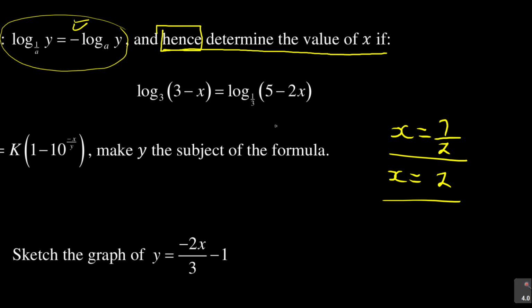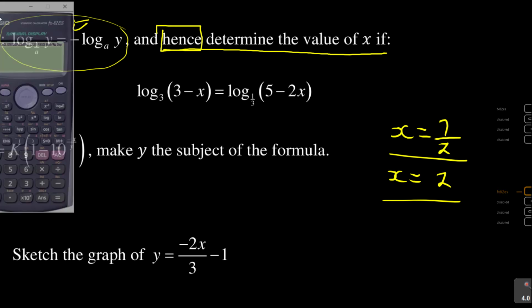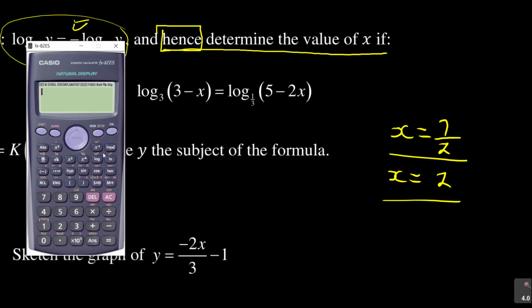Now let me try it. The first one, if I'm testing my answers, I bring the first value of x as 7 over 2 and see if the left hand side is balancing with the right hand side. So look at this. I've got log base 3 of 3 minus 7 over 2, and that is equal to, see, I'm getting an error, so that is not equal.